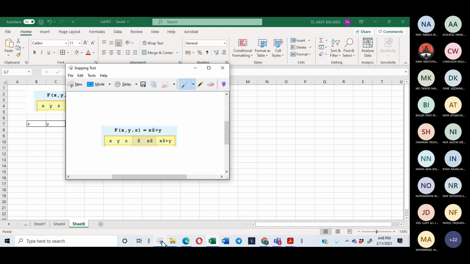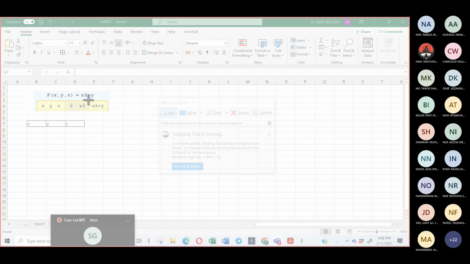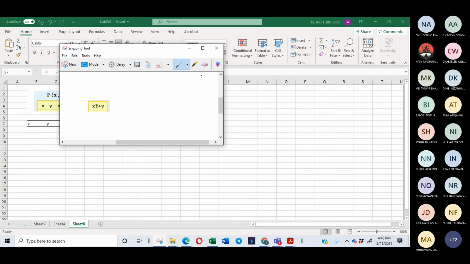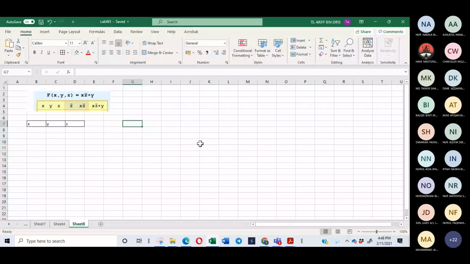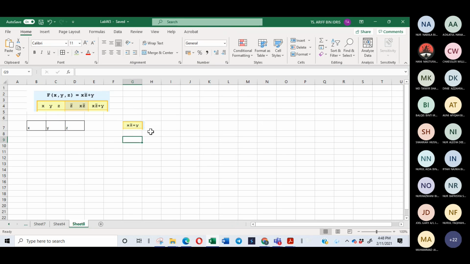So our final output will be this one. The output is X Z bar plus Y. Now we have three input variables, so how many input combinations should we have here, class?